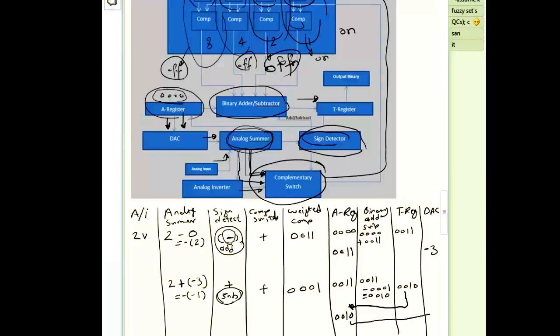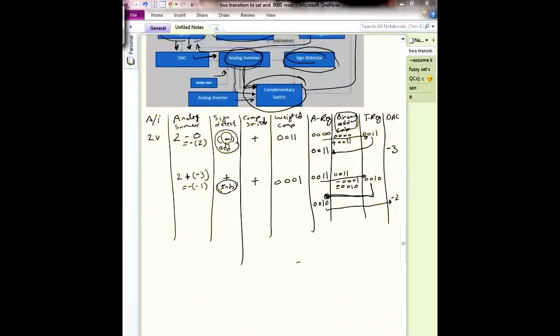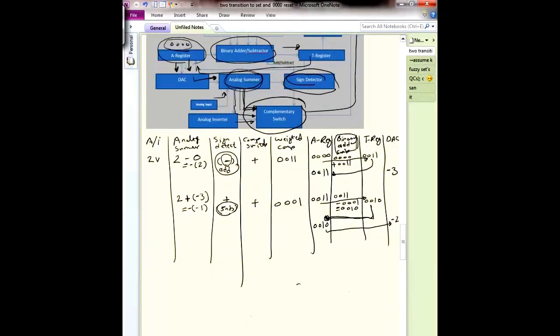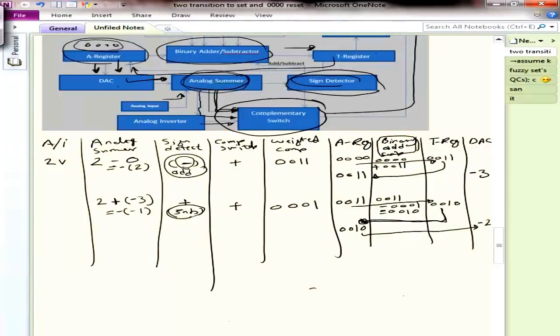Because the output of the DAC is inverted, the output becomes -2, and -2 feeds from the digital to analog converter to the analog summer.